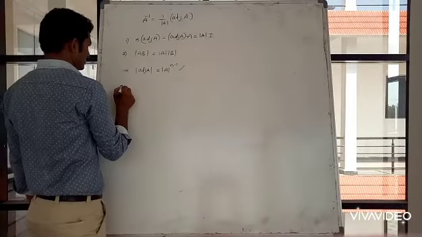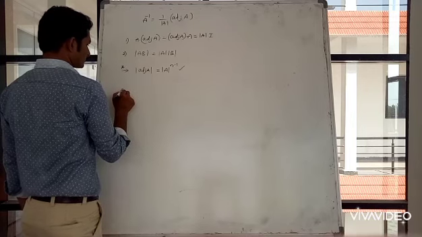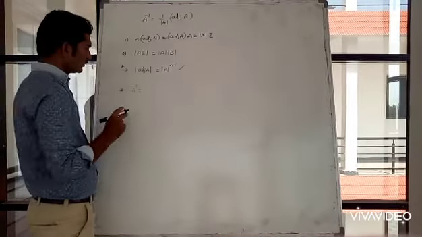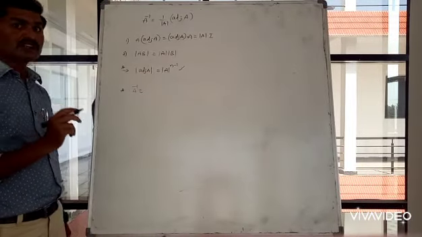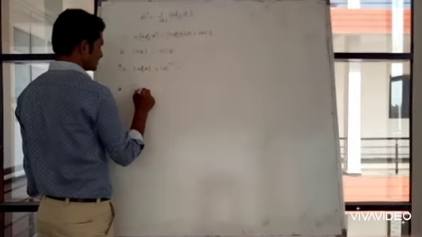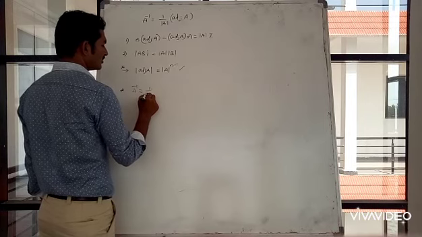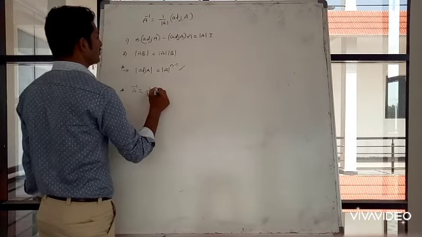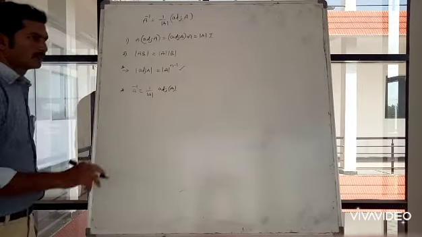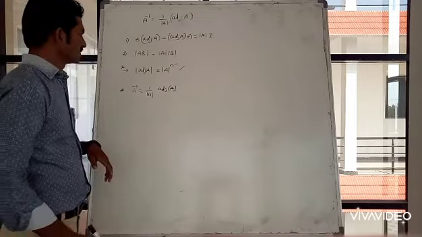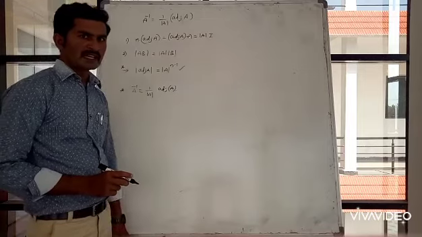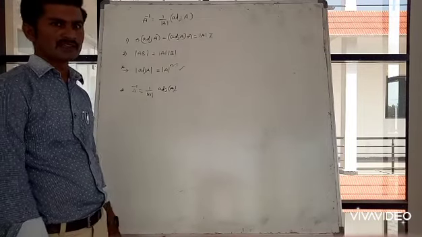And the fourth one is A inverse: if A is non-singular, then the inverse exists, and that inverse can be calculated by using the formula 1 by determinant of A into adjoint of A. We can prove this conversely also, vice versa. So these are the 4 important formulae in studying about A inverse, adjoint, minors and cofactors.